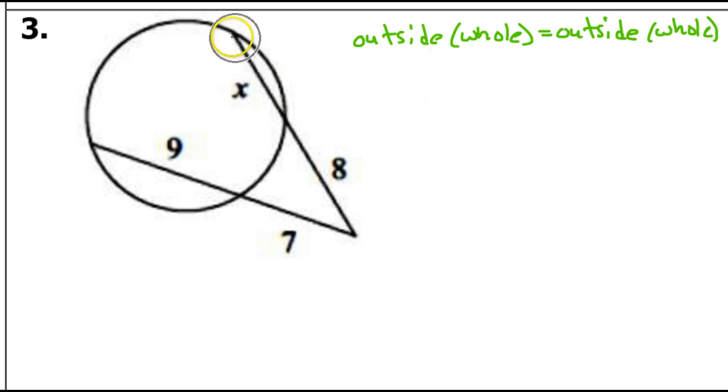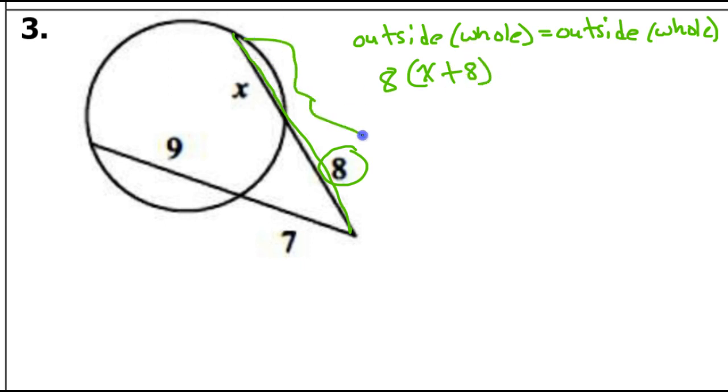So if I look at this line for starters, the outside part is the 8. Now, the whole thing is going to be x plus 8. Okay, because the whole thing is all of it, the x and the 8. It's not 8x, it's x plus 8. You add these.